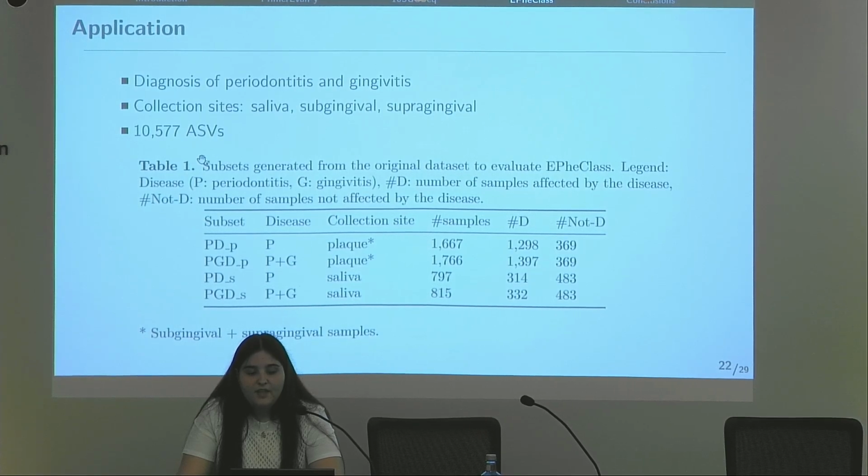And then we divided this dataset into 4 different subsets, depending on the disease, if we want to study periodontitis alone or periodontitis with gingivitis, and depending on the collection site, plaque or saliva. Just as a note, gingivitis is considered an early stage of periodontitis. And we start with over 10,000 ASVs.